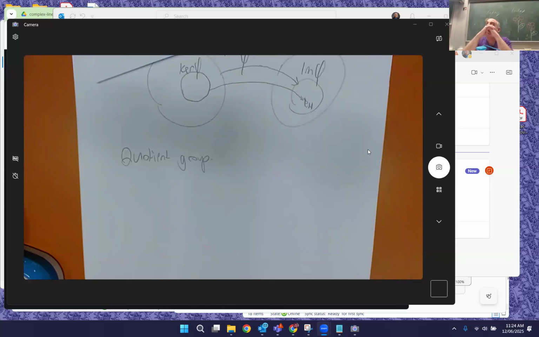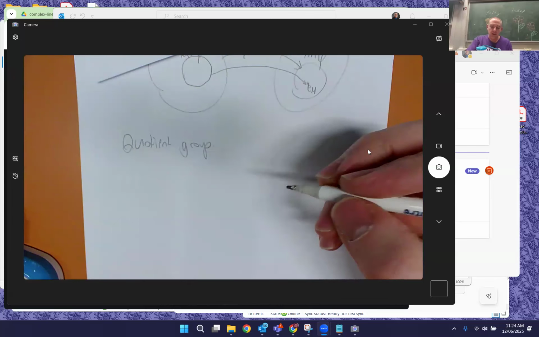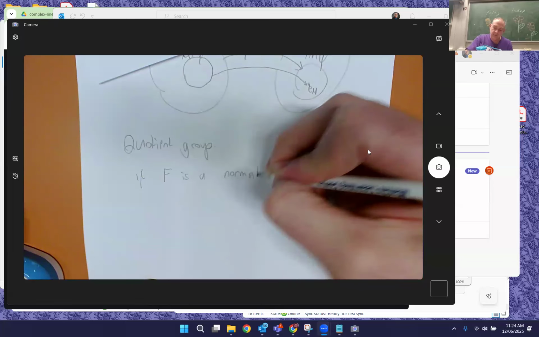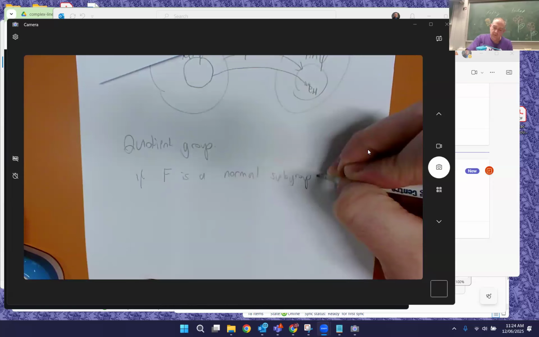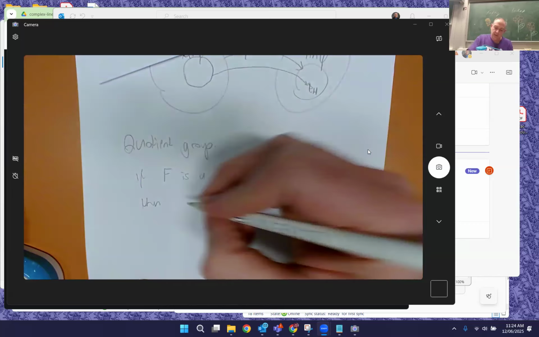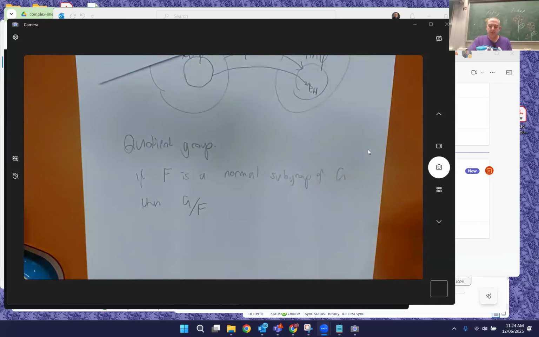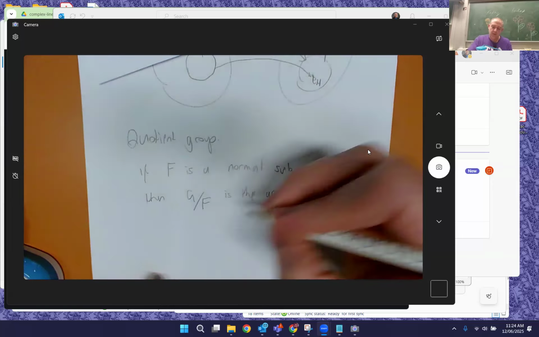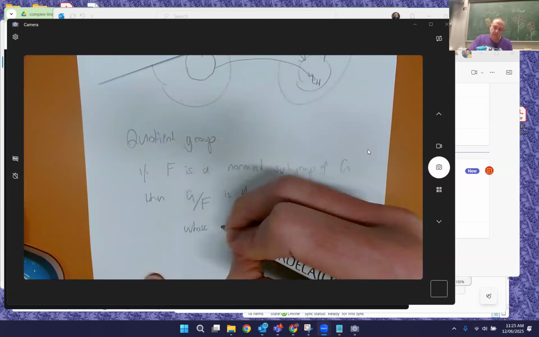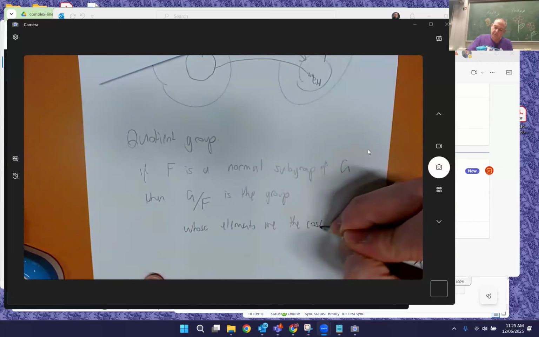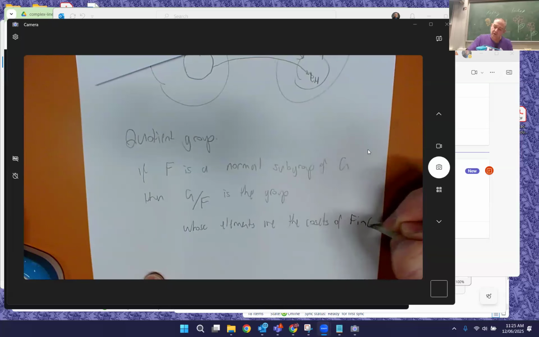So maybe I'll use F. So quotient group goes that if F is a normal subgroup of G, then G/F is the group whose elements are the cosets of F in G.